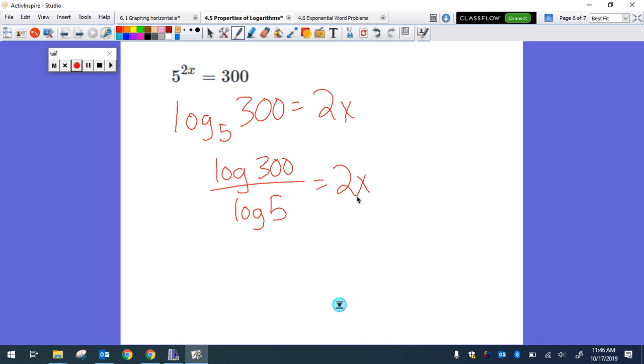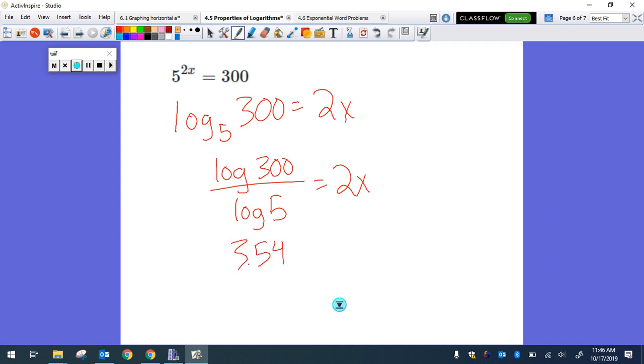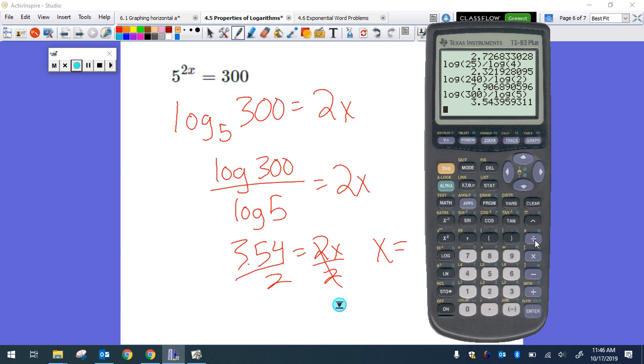And so let's go ahead and do log of 300 divided by log of 5. And that gives me 3.54 equals 2x. And then I can divide by 2. So x is 1.77.